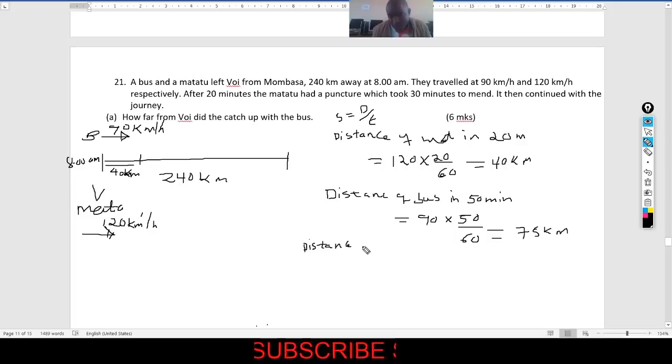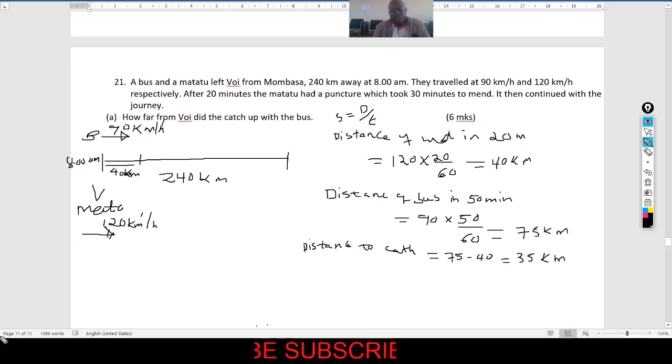This distance for it to run to catch up is the 75 that the bus had gone minus the 40 that the matatu had covered. This gives you 35 kilometers.